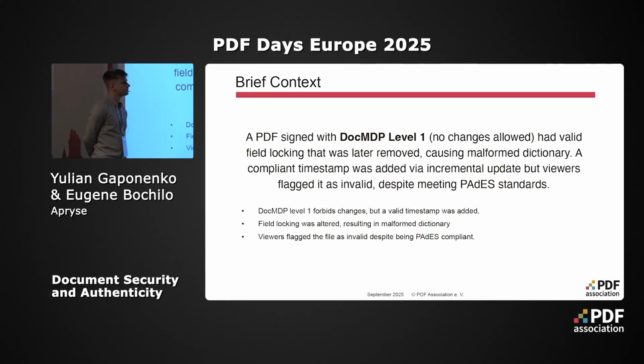So what happens next? You add a timestamp, and according to the specification, it's pretty much allowed to add a timestamp. This timestamp is visual, so you can see it on the page. Then it should also be tagged, of course. But suddenly, after everything is correctly signed and your document follows the requirements for DocMDP, some viewers can say that it's no longer valid and that you introduced changes which are not allowed.